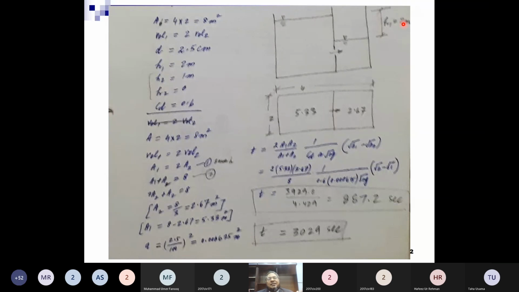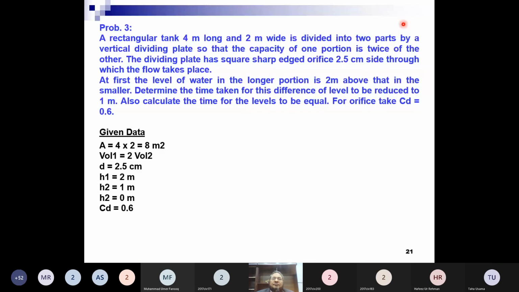Okay, what is then the general equation we have derived for emptying time for a reservoir? Can anybody repeat? Small t is equal to integral h1 to h2 area times dh divided by q1 minus q2.